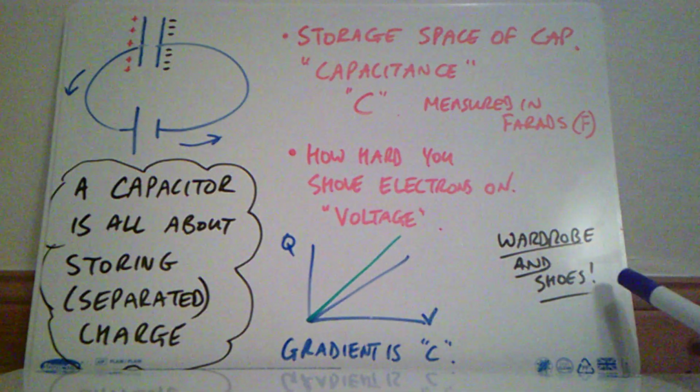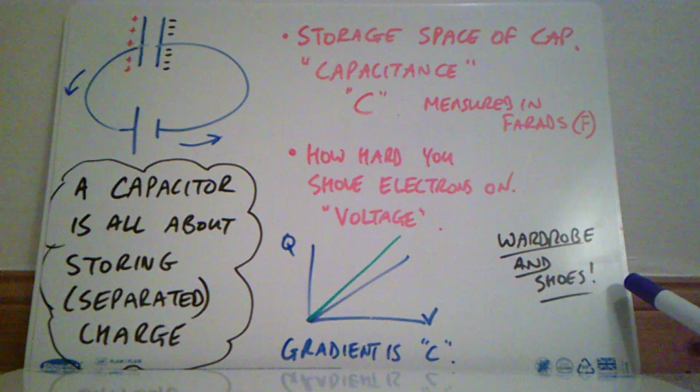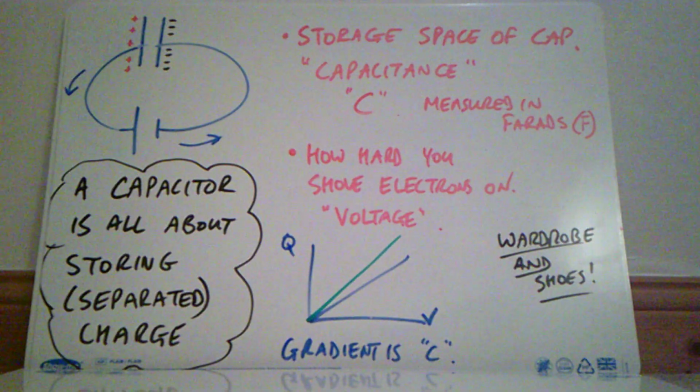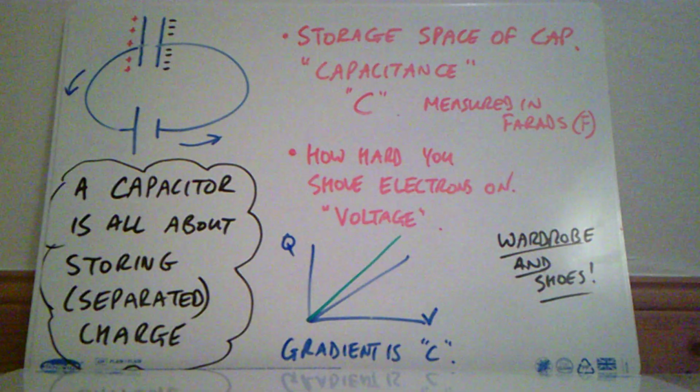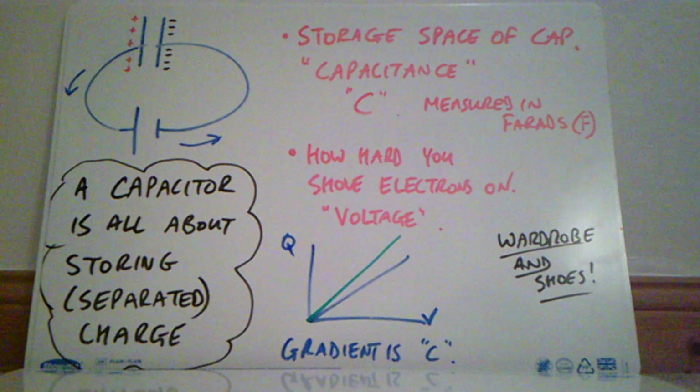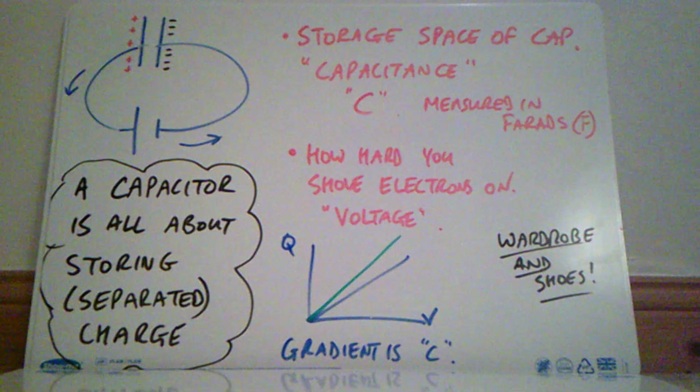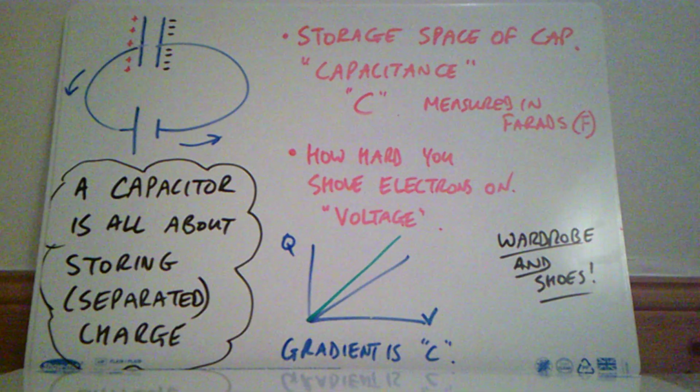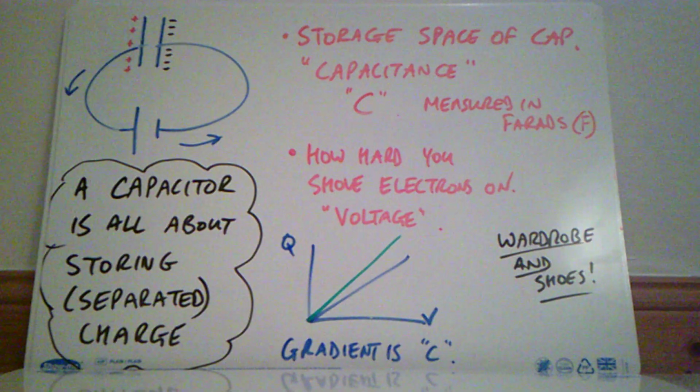A good analogy is if you've got a wardrobe and you want to fill it with dancing shoes. The bigger the size of the wardrobe, the more shoes you can fit in, so that's capacitance. But also, the harder you can push and cram shoes in, the more shoes are going to be stored in the wardrobe. So the harder you push, the bigger the voltage, the more shoes you can store.